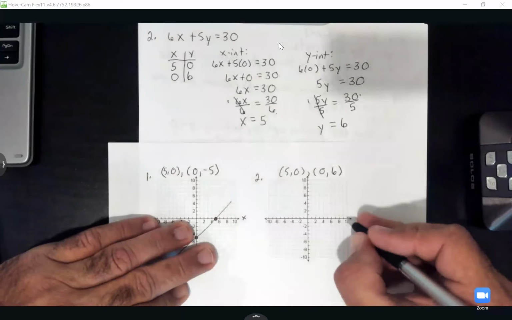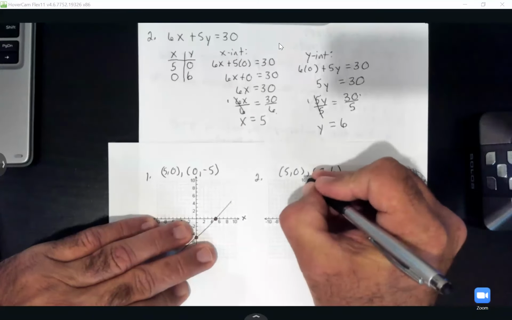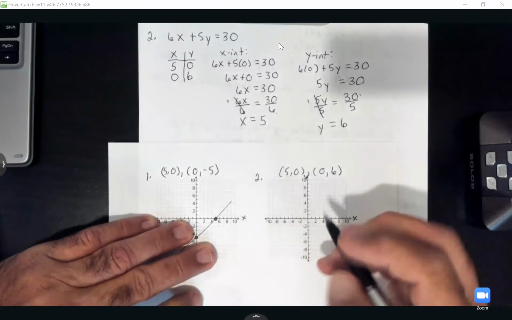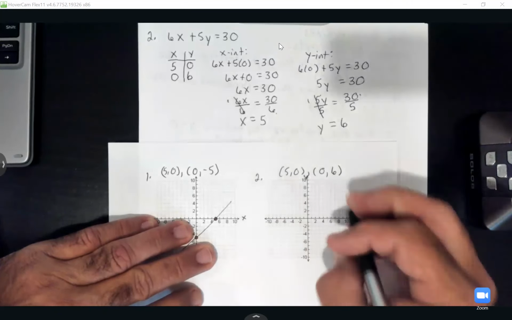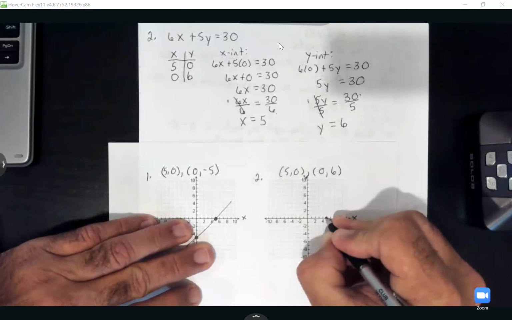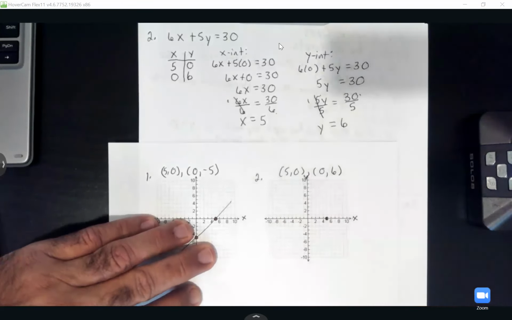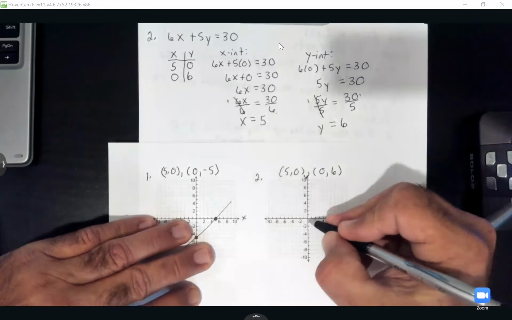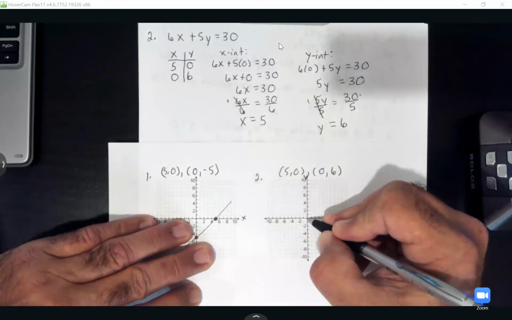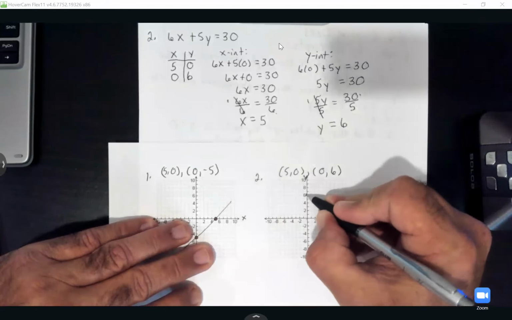All right, so remember, here's your x-axis and your y-axis. 5, 0, just go right 5 and stop on that x-axis at 5. Put your first point. 0, 6. Start in the 0 in the middle and go up 6 on the y-axis.